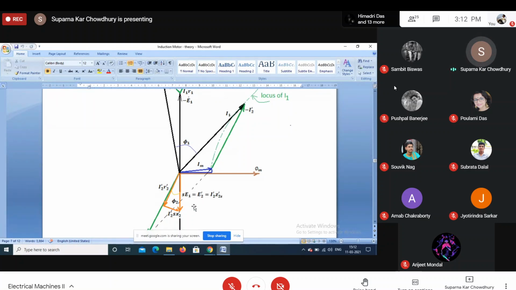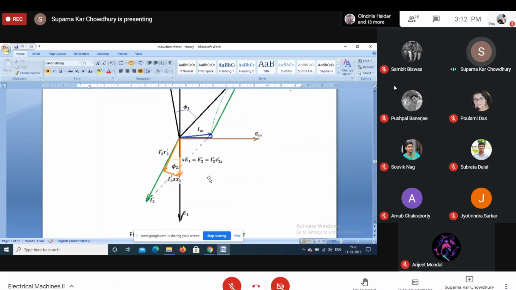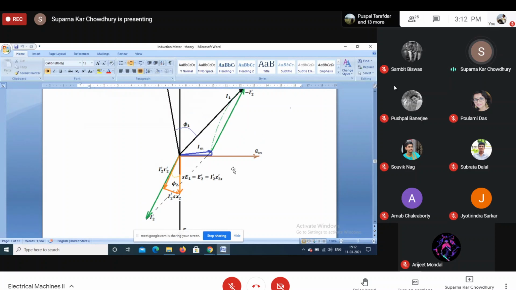So now at slip s, it will be sE2. Now this phasor, however, has been changed by the turns ratio, so it is E1 basically, multiplied by the turns ratio. So the magnitude of the induced EMF changes, and also the frequency of the induced EMF changes as the rotor speeds up.